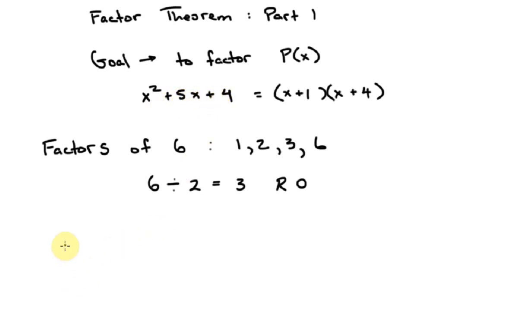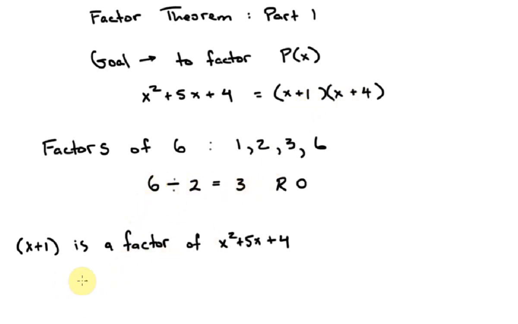So I'm just going to say x plus 1 is a factor of x squared plus 5x plus 4. Now, why would we say it's a factor? Well, this is the factored form here, but let's look at the comparison that we did with the numbers.